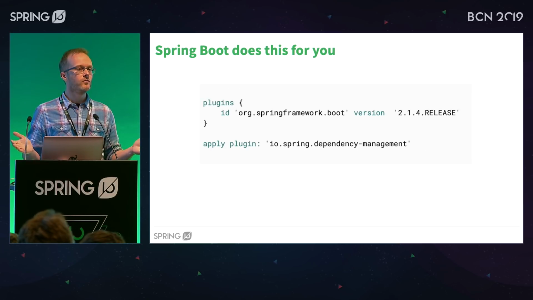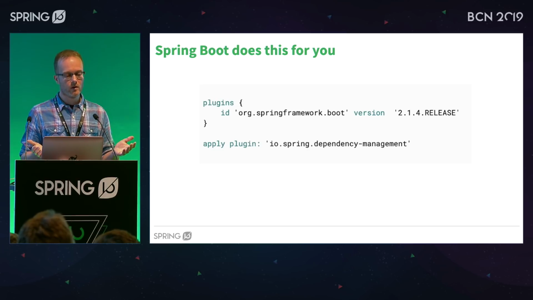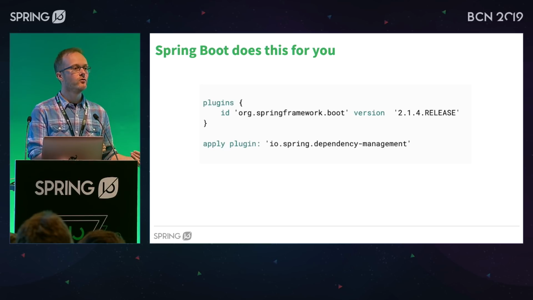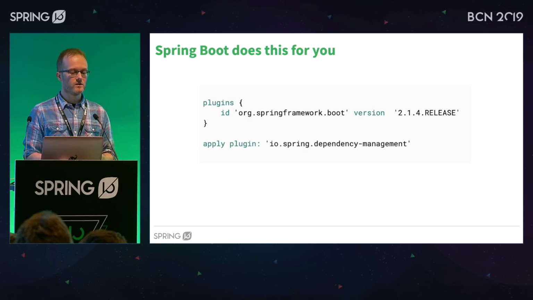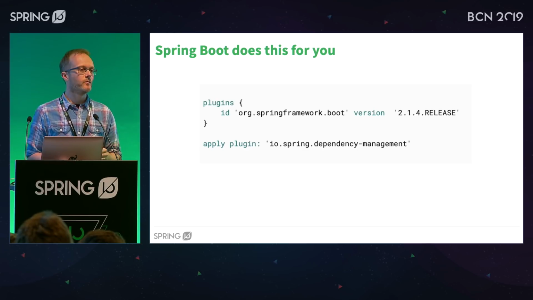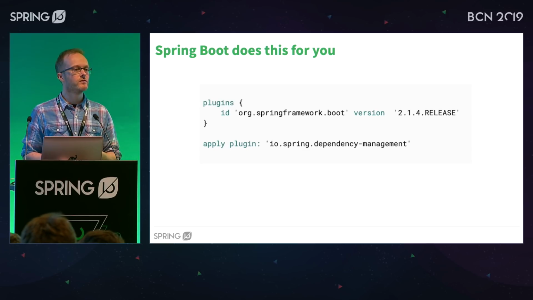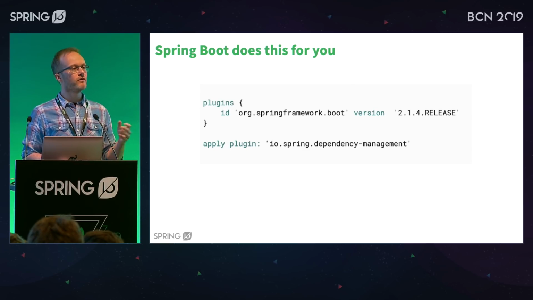As those of you who are Spring Boot users may know, or maybe you didn't know, Spring Boot is already doing what I've just shown for you. So if you're using Spring Boot's Gradle plugin, here using the plugins block, ID org.springframework.boot, we picked a particular version. If you apply the dependency management plugin, having also configured your Gradle build to use the Spring Boot plugin, it builds on Spring Boot's auto configuration theme.